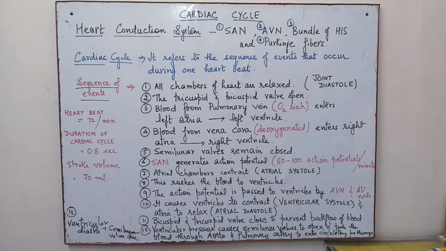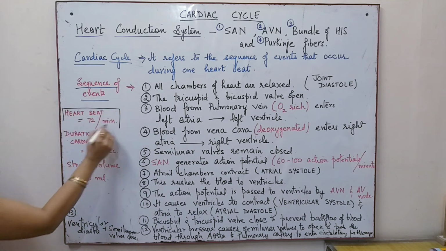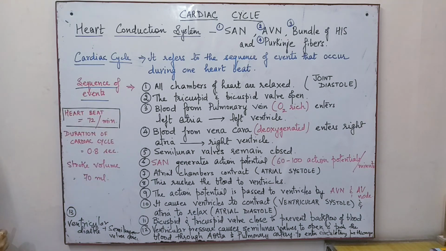Now when we talk of the cardiac cycle, as told, the action potential which is generated is around 60 to 100 per minute. Now the heartbeat is around 72 beats per minute. For a normal healthy person, the heartbeat is around 72 per minute.